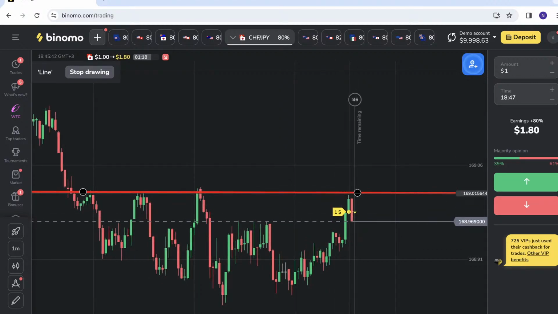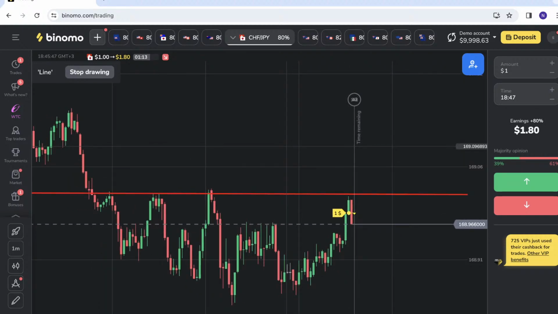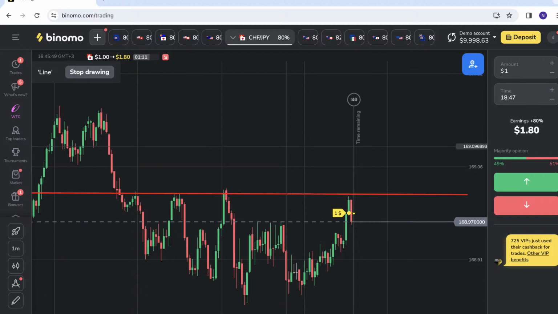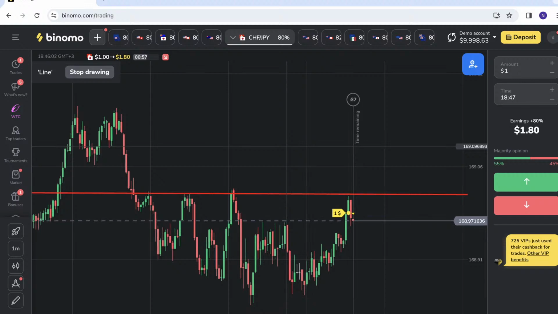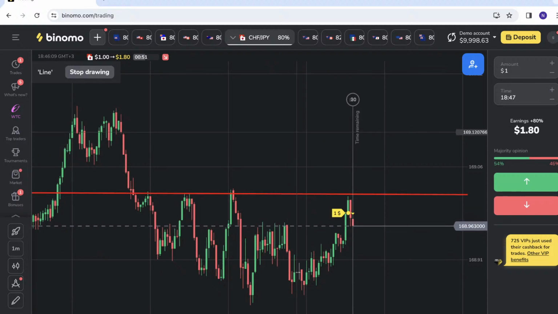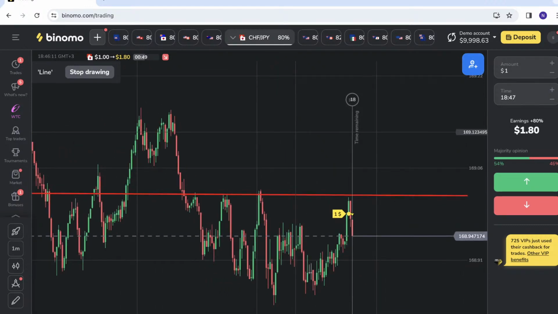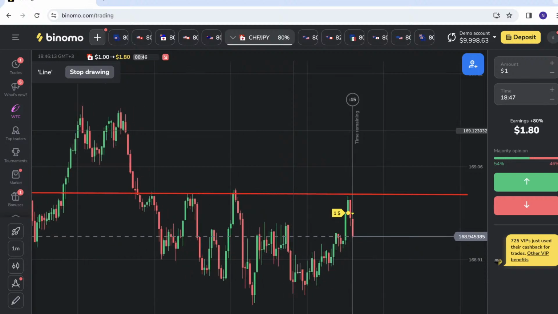But anyway, as you can see, these lines really work strongly, because many traders and many participants draw these lines at the same time, and they are all using these lines. So as you can see, price goes down.